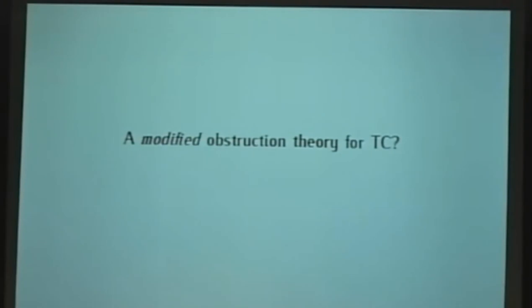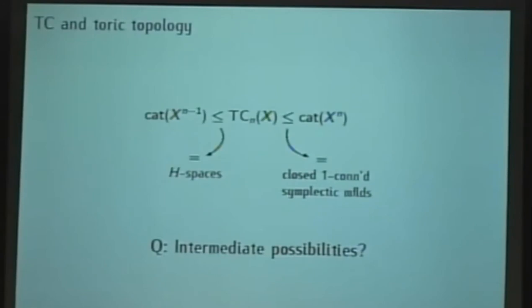So the question is, can you extend this approach via modified Postnikov towers so that you can actually do an effective handling of homotopy obstructions? And this allows me to go to the next application.